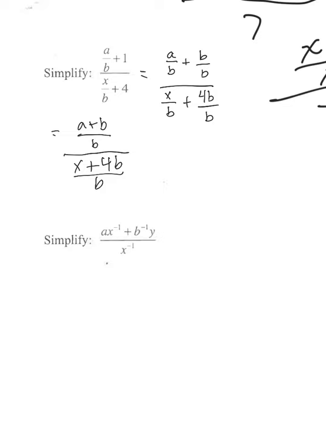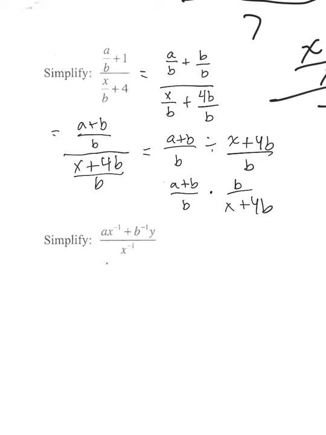At this point, I'm going to switch to a division model. So I have a plus b over b divided by x plus 4b over b. Again, we're into dividing fractions, so multiply by the reciprocal. This is the same thing as a plus b over b times b over x plus 4b.